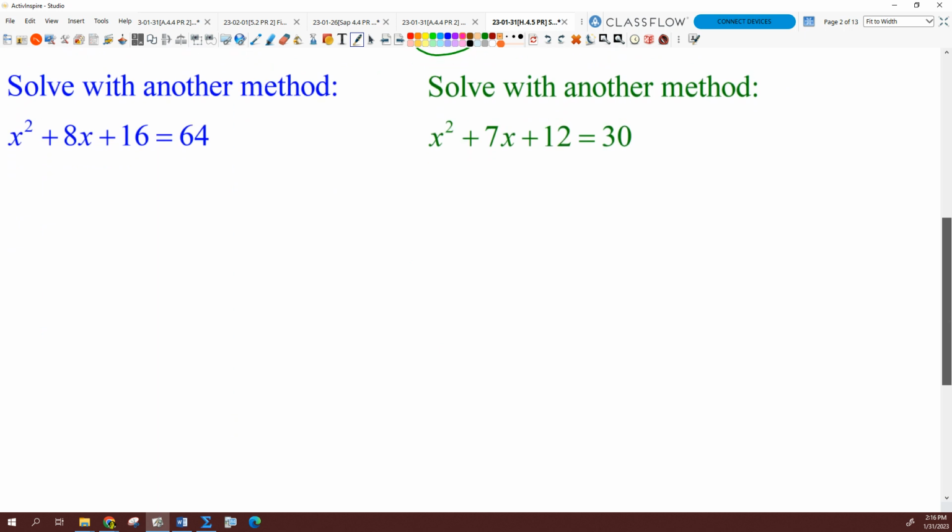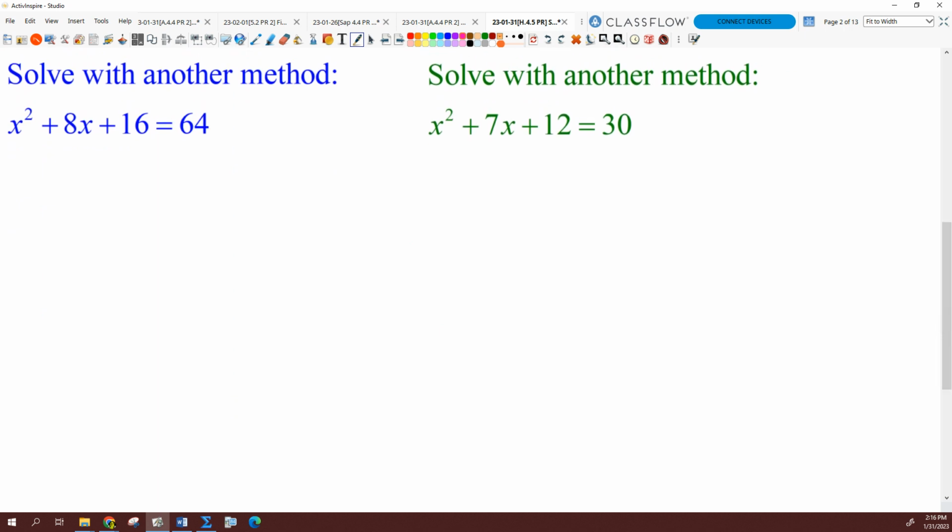Anybody want to take a stab at another method for doing this? Okay, so we could factor, the left side is a perfect square trinomial, right? So we could factor the left side into x plus 4 times x plus 4. My magic numbers are 4 and 4.